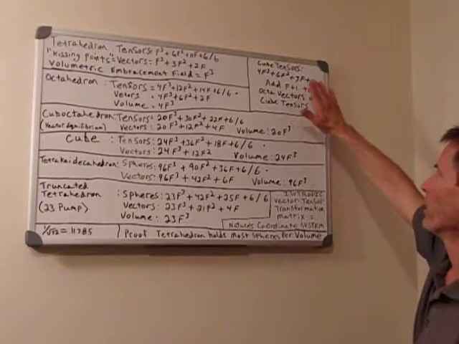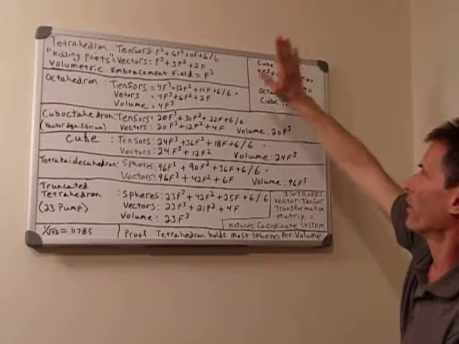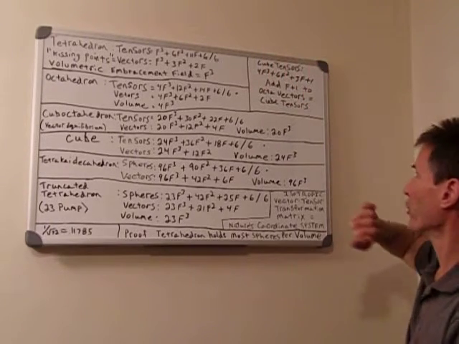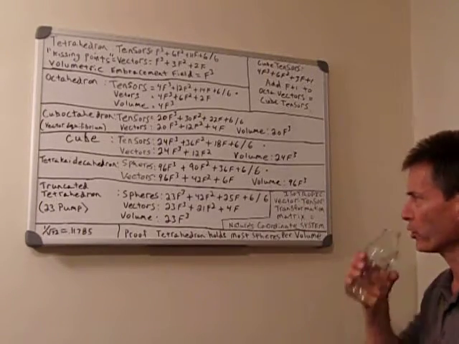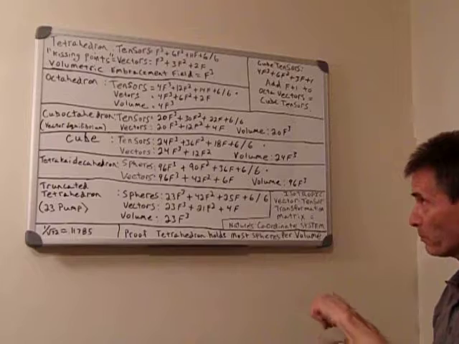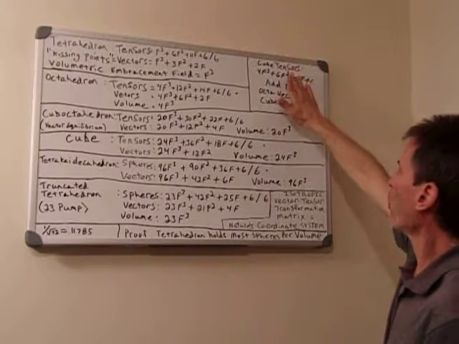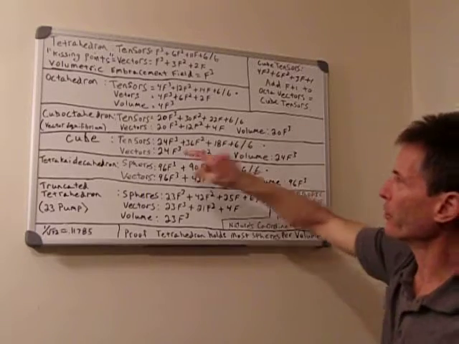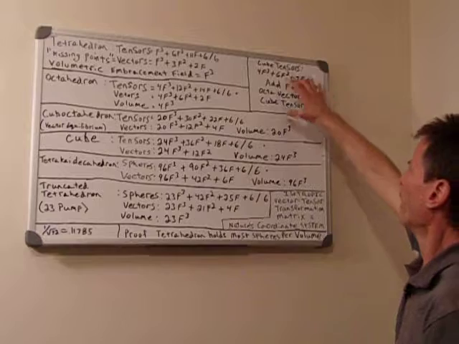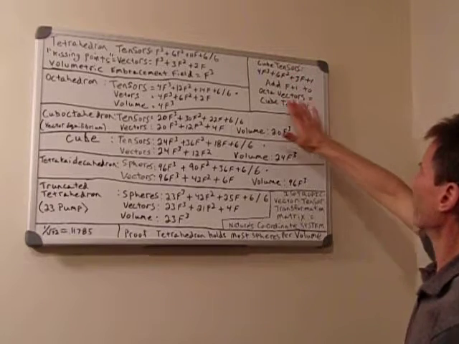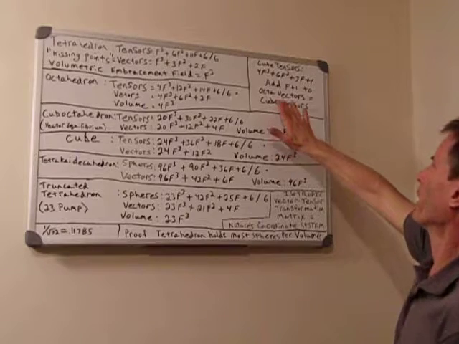And then I showed in my last segment how the spheres are now tensors, tensional embracement fields or gravitational fields, which are holding the total number of vectors in the cube, can be transformed into the total number of vectors in the octahedron.